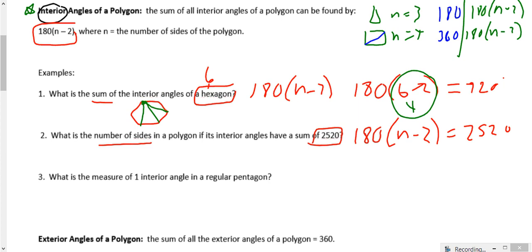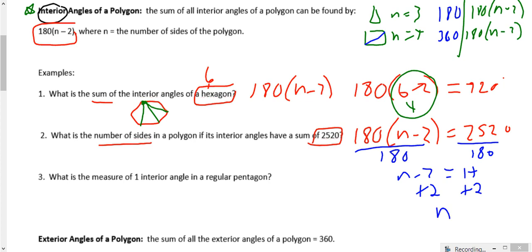I would recommend the first thing you do is divide by 180, because when you divide the angle sum by 180, you find out how many triangles are in the shape. And we would get 14. Now remember, you're not done yet. 14 is the number of triangles in the shape, but we have to add 2 to find out how many sides there are, because remember, a three-sided shape is a triangle, which is one triangle. So 16 sides for this question in order to have that sum.